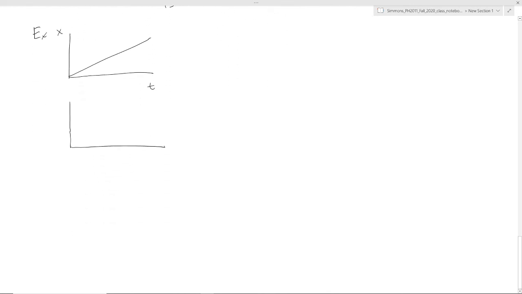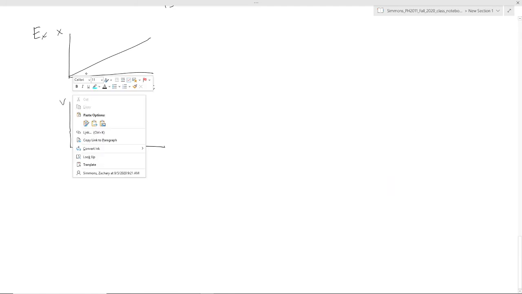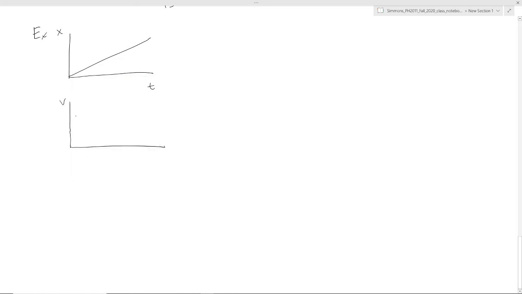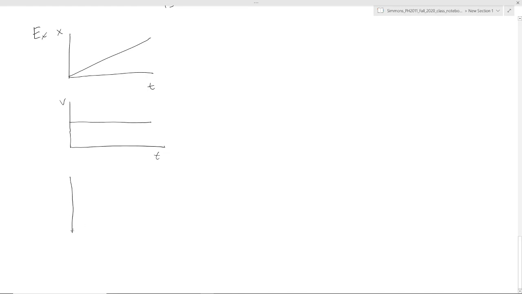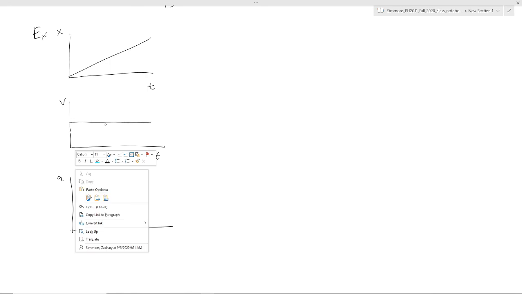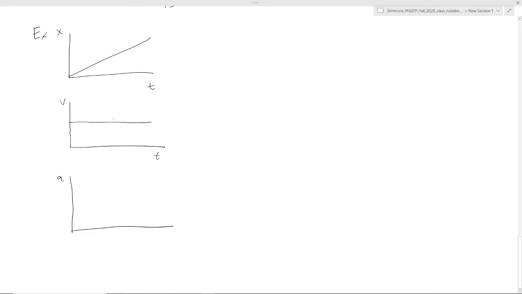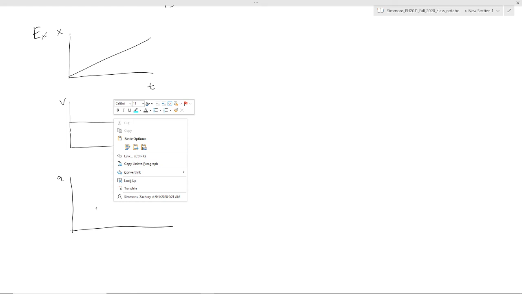If this is displacement, notice velocity is a slope. If this is a line, the velocity would just be constant. And if acceleration is the slope of velocity, if the velocity is constant, what's the slope? The slope would be 0.